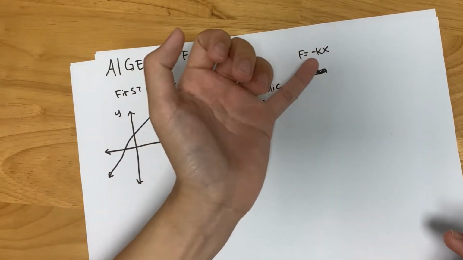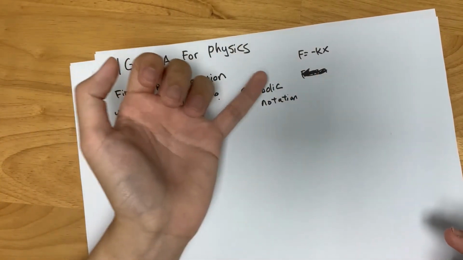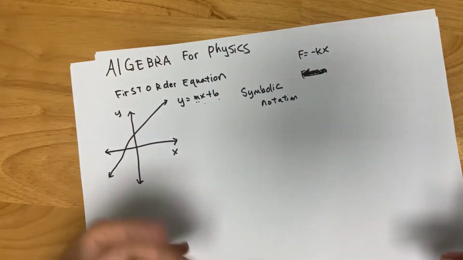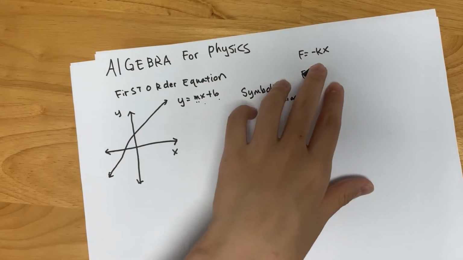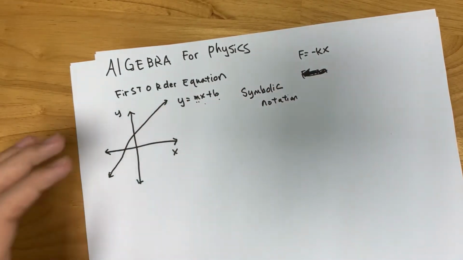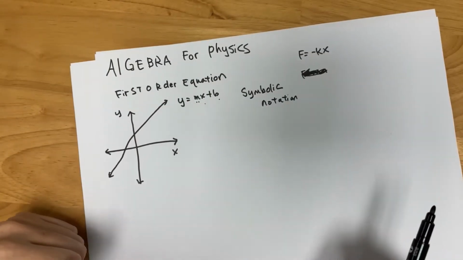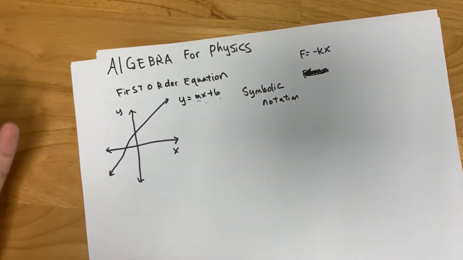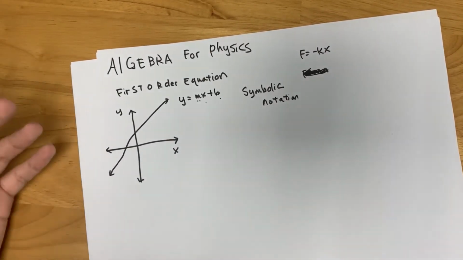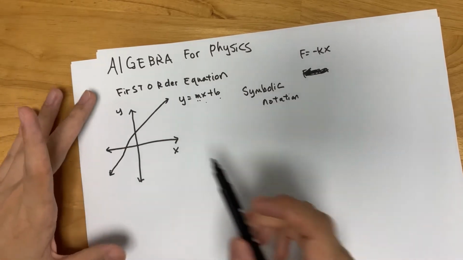For example, f equals negative kx. We're just naming it this way. So you don't need to feel like, oh, it's completely hard. No, we're just using any kind of symbolic notations. It's not something that is very hard.